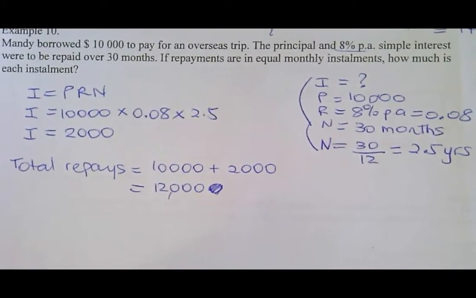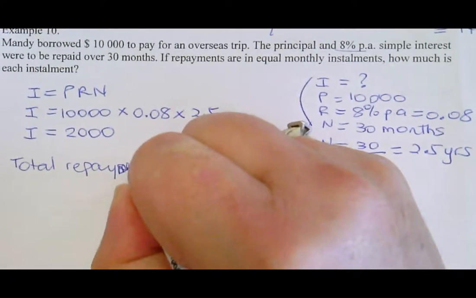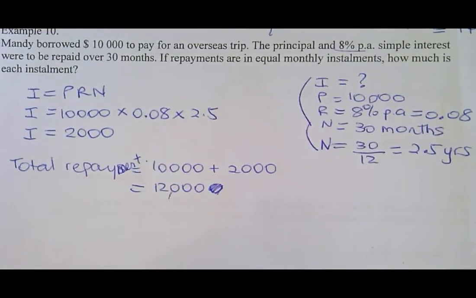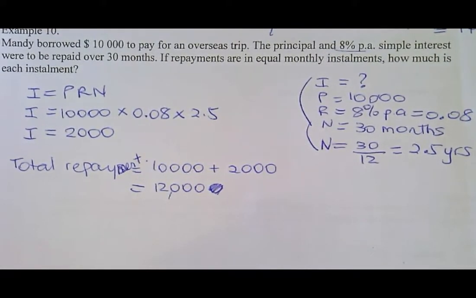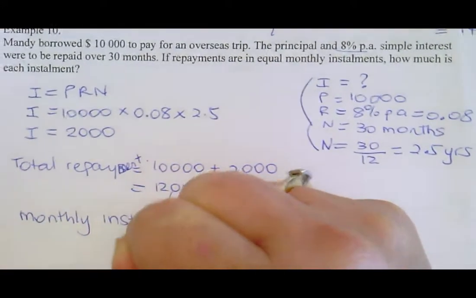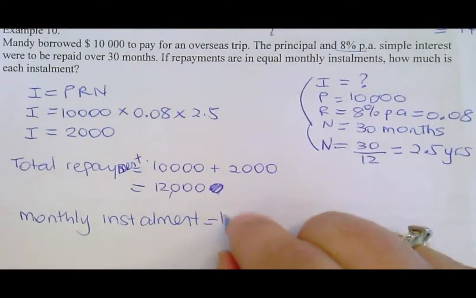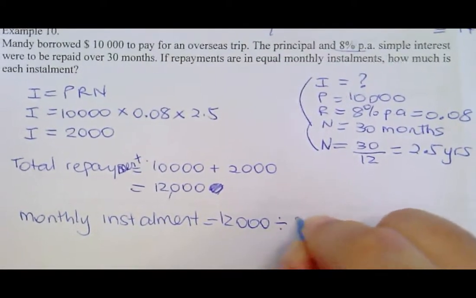She's got time to pay it off. How much time? So total repayment. That's the total she repays, but she repays it over 30 months in equal monthly instalments. So therefore, each monthly instalment is $12,000 divided by 30.